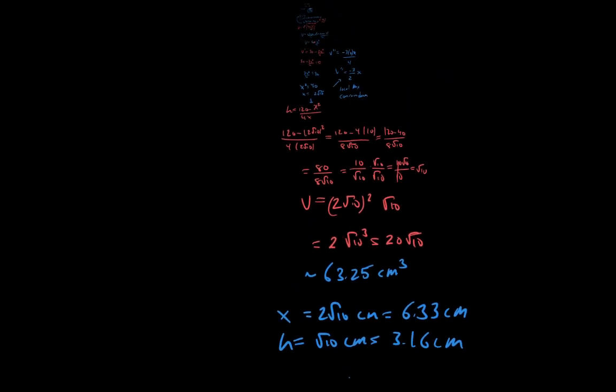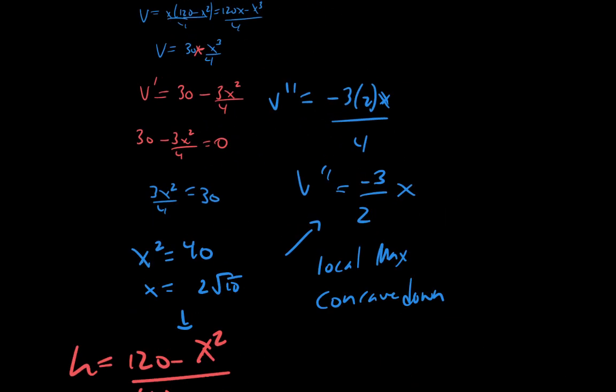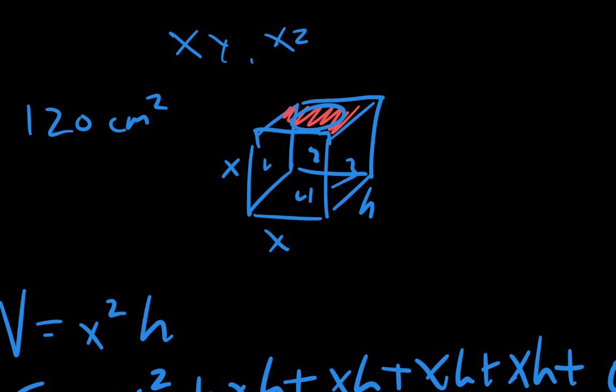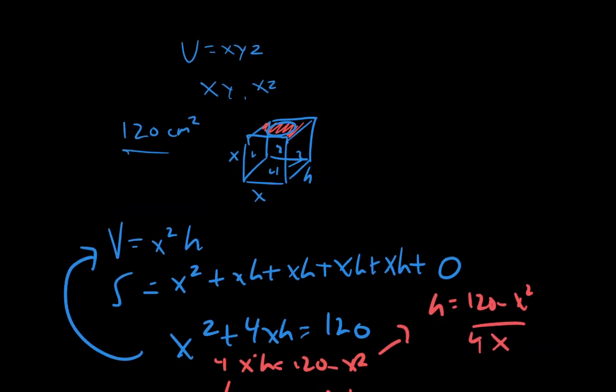That's pretty much it. I forgot to mention at the beginning, the sides and the base add up to 120 square centimeters, so that our total surface area is 120 square centimeters.